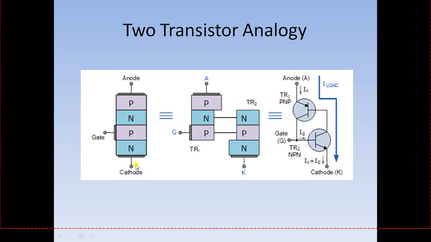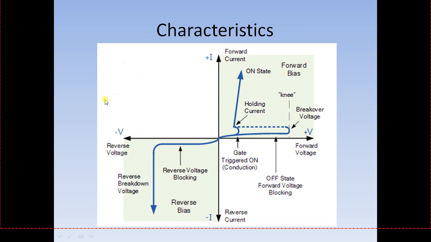This is because cathode is positively charged and anode is negatively charged. As two junctions are reverse biased, there is no current flowing through the device. There is no conduction. And this is known as reverse blocking region.